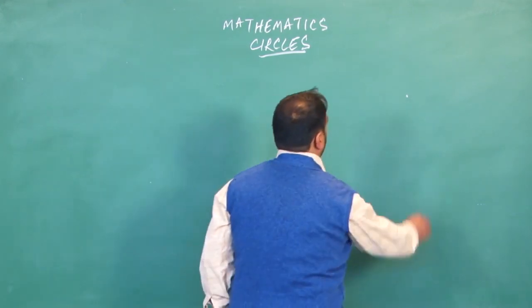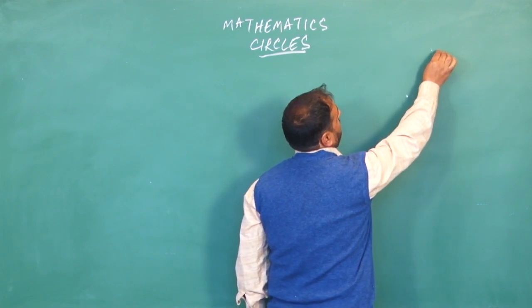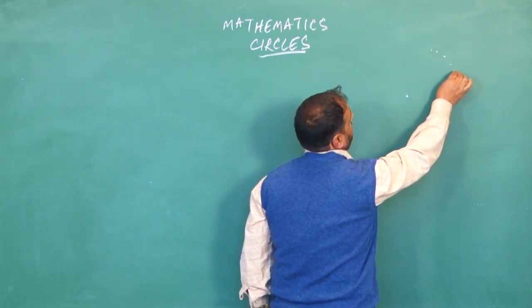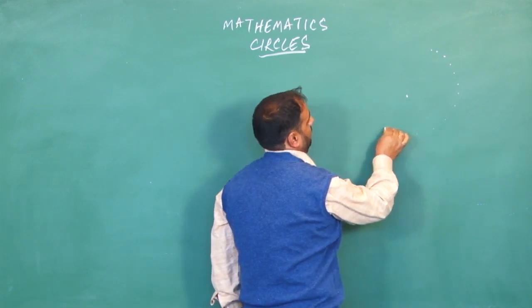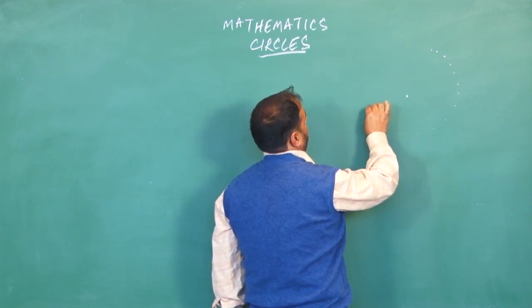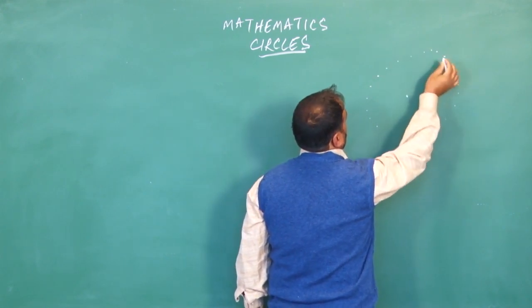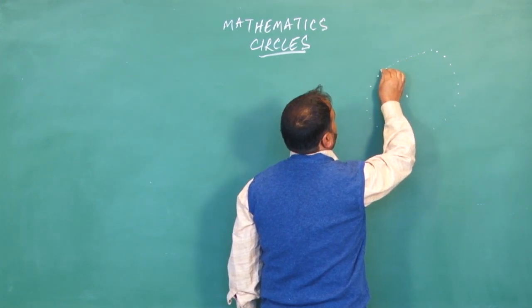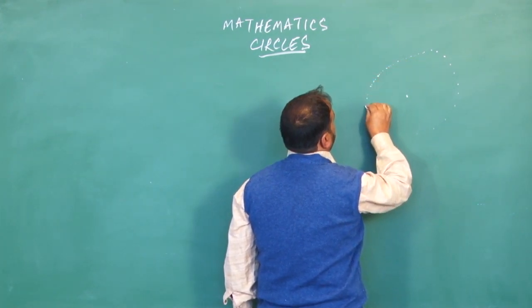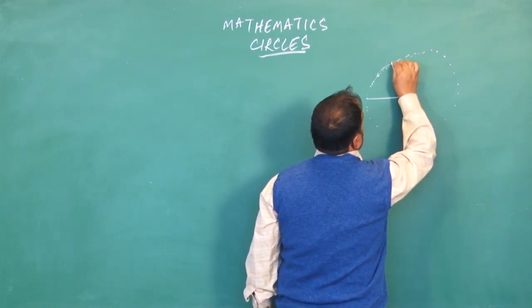If we take any fixed point on a plane and draw infinite points around it like this, we take infinite points around it so that each point is at a fixed distance from that point.